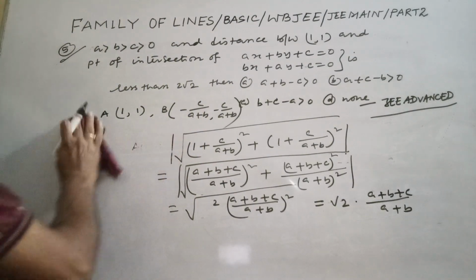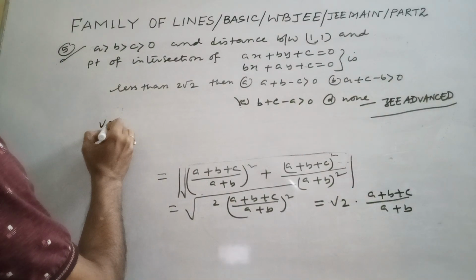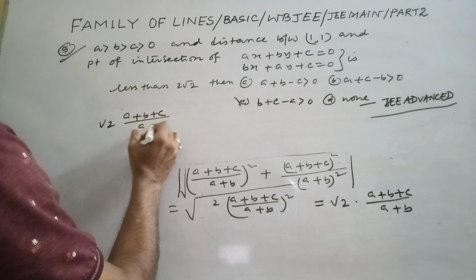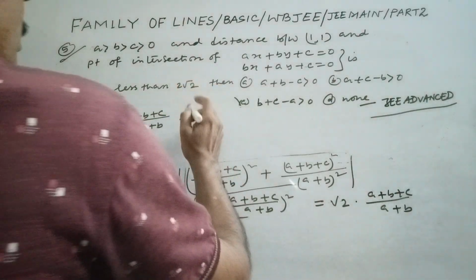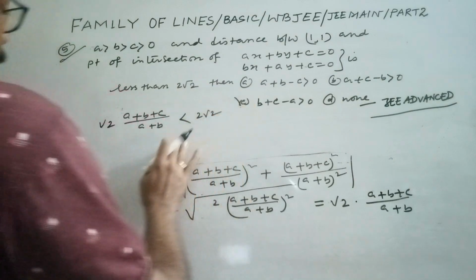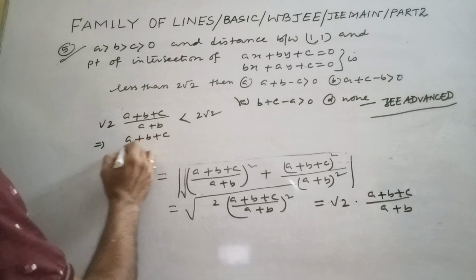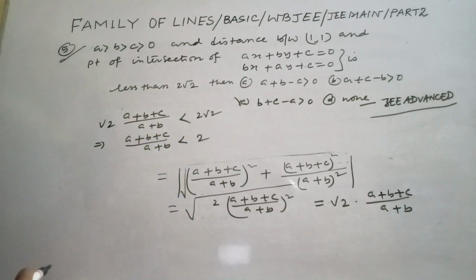Now it is given that root 2 into (a plus b plus c) by (a plus b) is less than 2 root 2. So root 2 cancels. (a plus b plus c) by (a plus b) is less than 2.